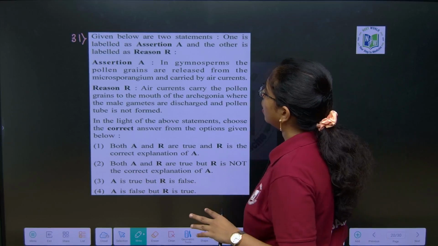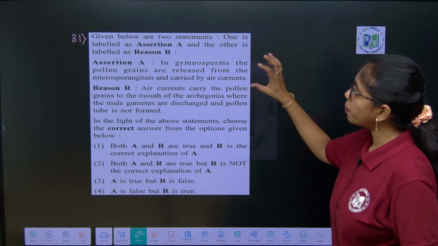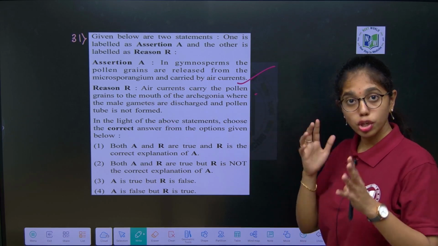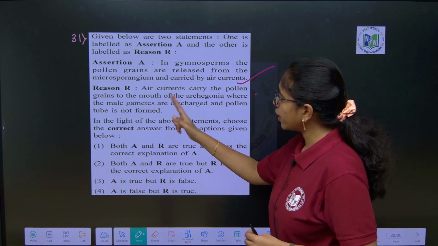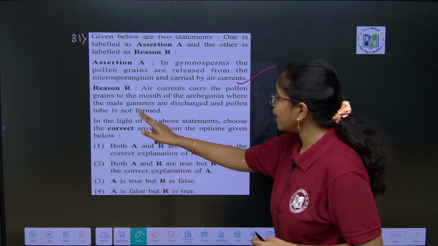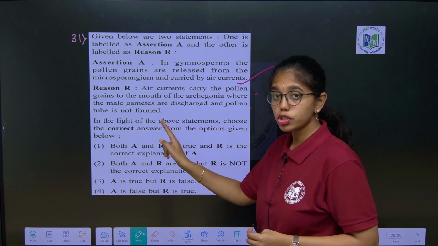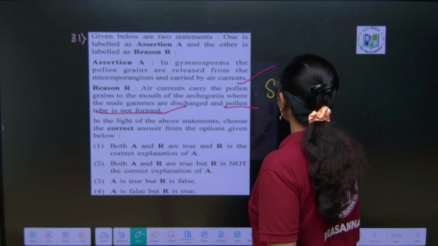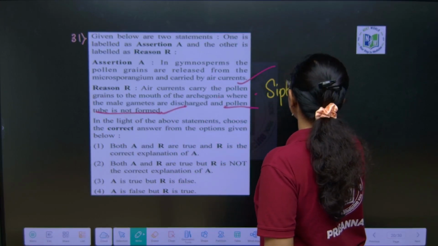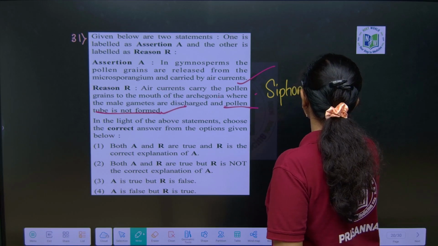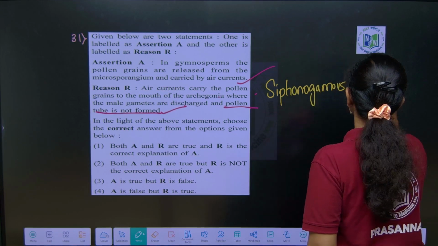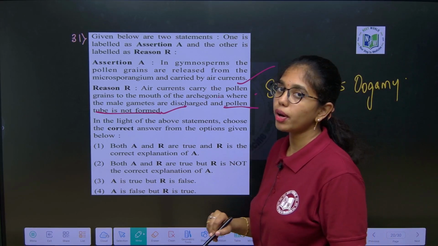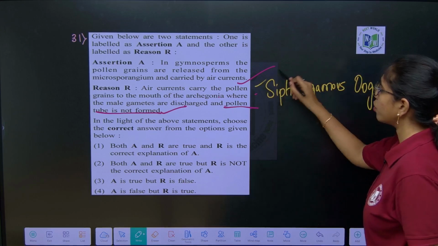Next, assertion. In gymnosperms, the pollen grains are released from the microsporangium and carried by air currents. True. Air currents carry the pollen grains to the mouth of archegonia, where male gametes are discharged, and pollen tube is not formed. No, pollen tube is formed and this is siphonogamous oogamy. In bryophytes and pteridophytes, that is zooidogamous oogamy, but here it is siphonogamous oogamy.